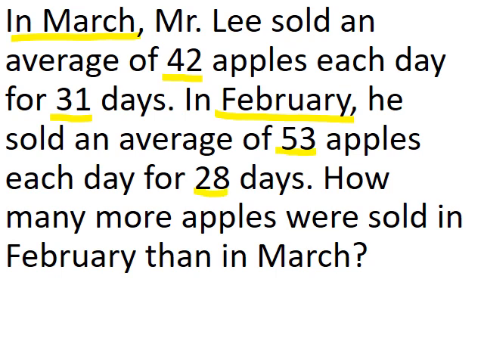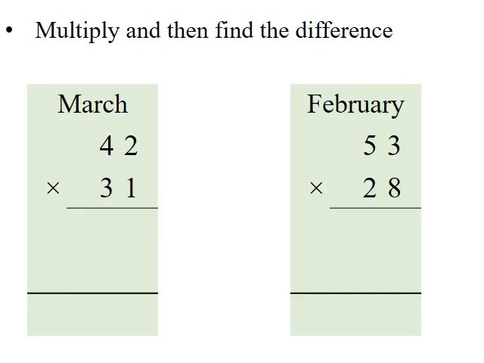So it's 53 times 28. To solve this problem, we have to make 2 steps. The first one is to multiply, and the second one is to find the difference. I will explain each multiplication sentence.